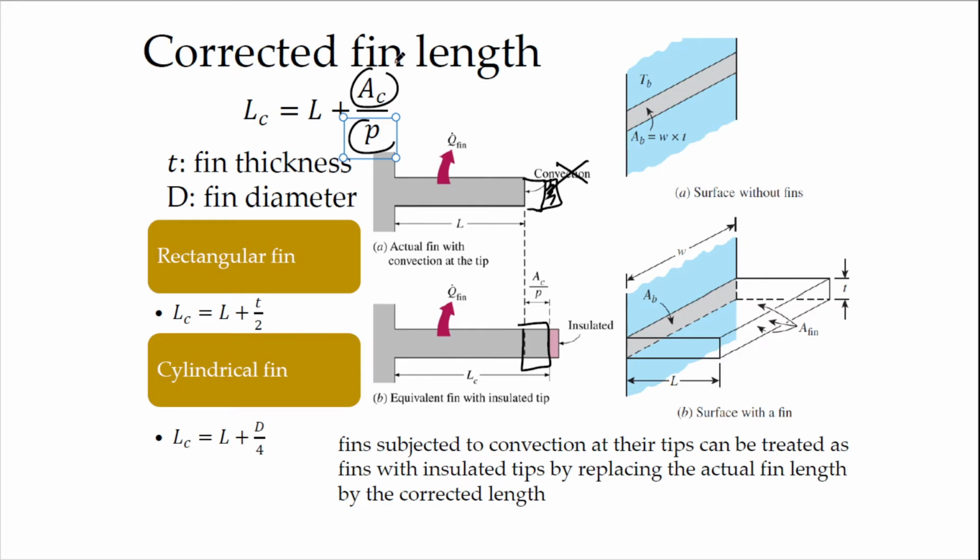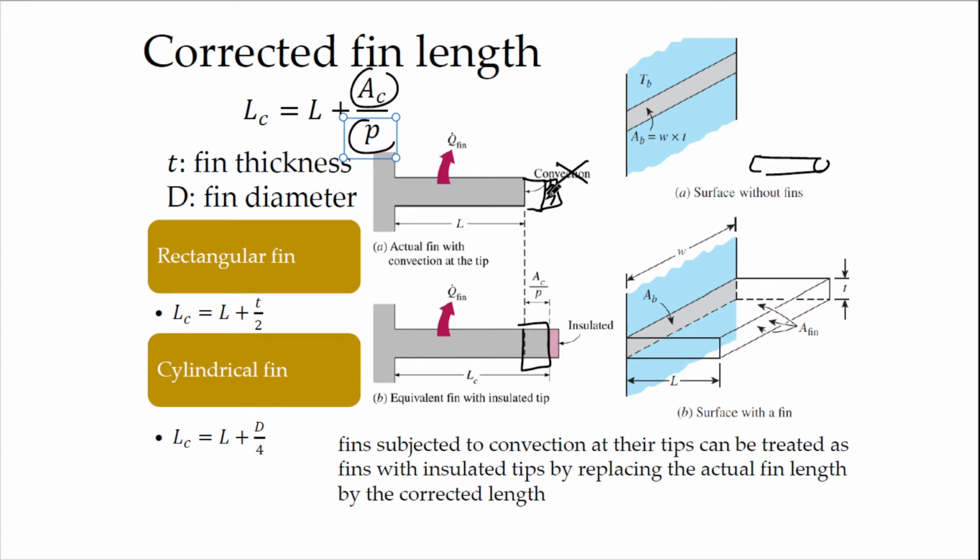So in general, this is the equation. But if you simplify it, for a rectangular fin, your corrected length is the length plus the thickness divided by 2. For a cylindrical fin, where the fin is round with diameter D, the corrected length is L plus D divided by 4.